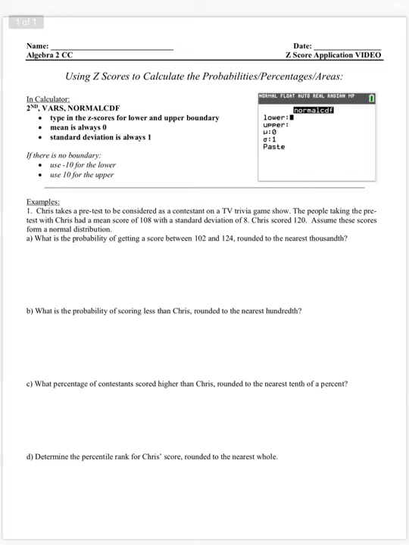When you're adding all the percentages, you are calculating the probability or the percentage or the area under the curve. They all mean the same thing, so it can be asked different ways. In the calculator, first you have to figure out the z-scores, but this is what you're going to press.